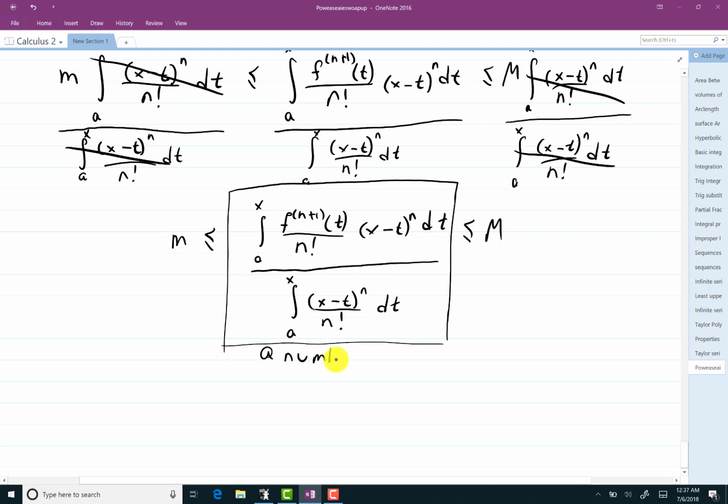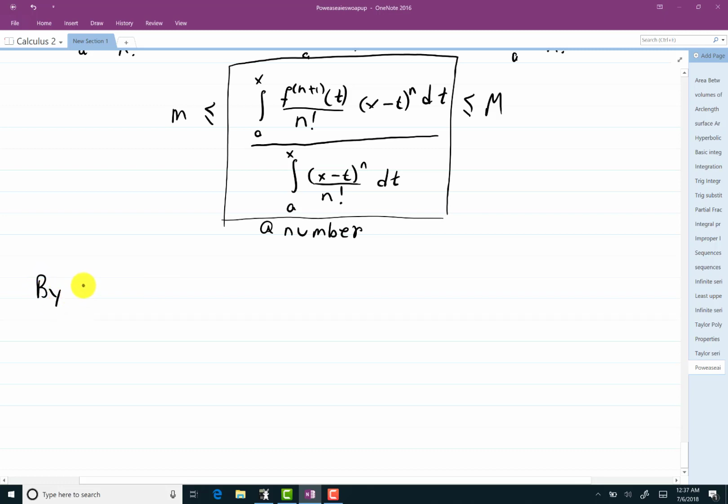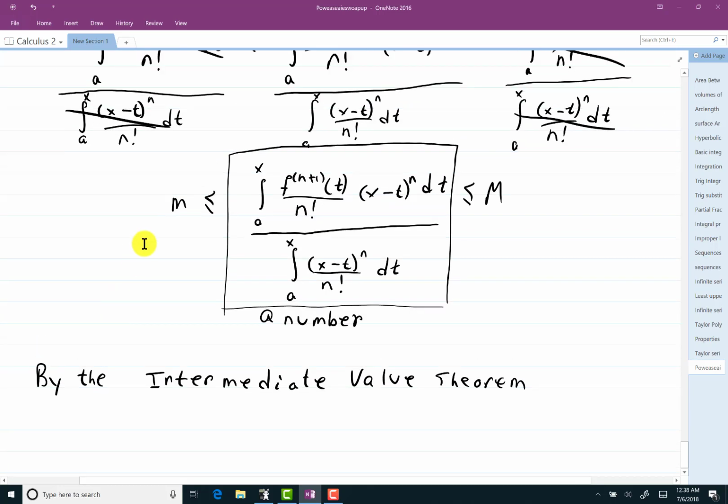It doesn't matter. There's a theorem in Calc 1 that says, by the intermediate value theorem, so remember, little m was a bound for f to the n plus 1, and big M was a bound for f to the n plus 1. So here's a number that is between the lowest and the highest values for f to the n plus 1.